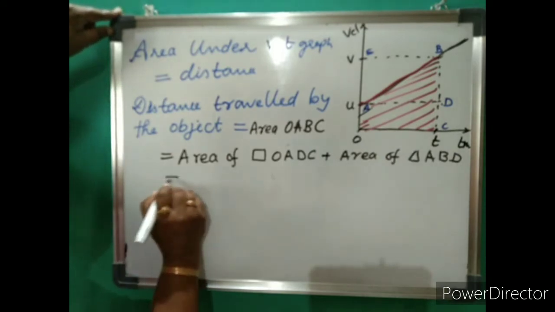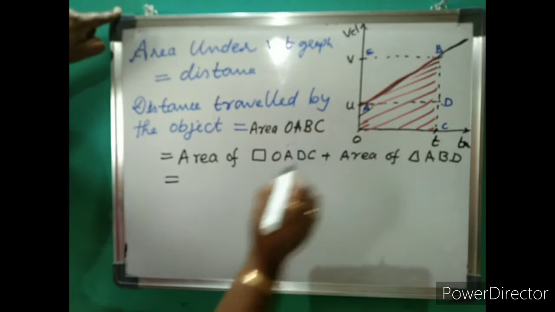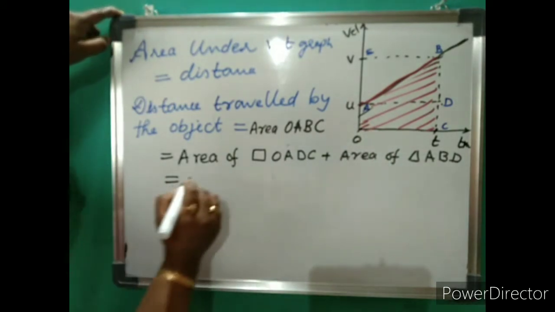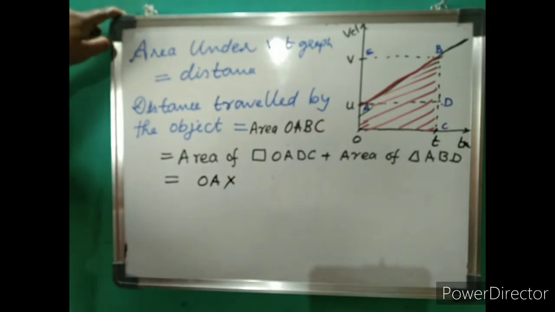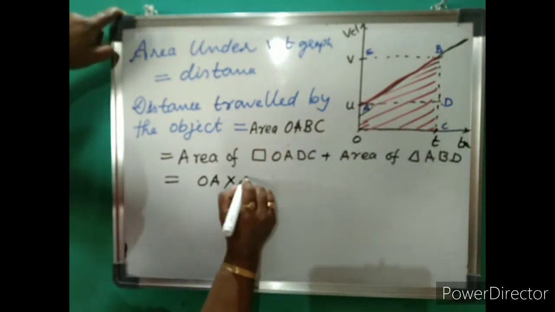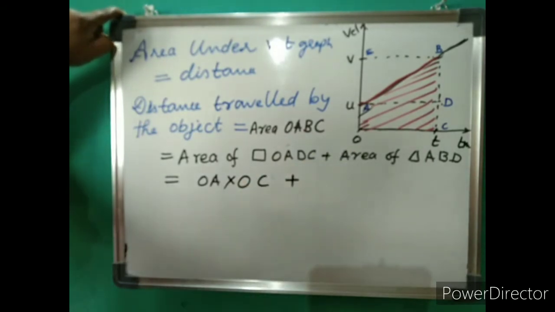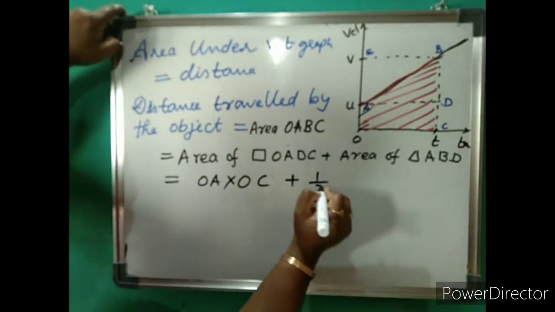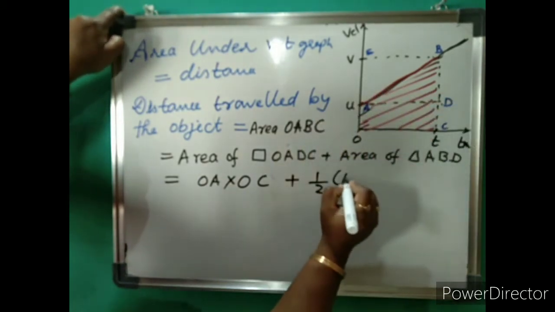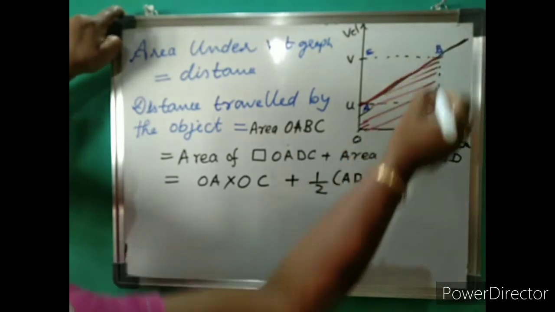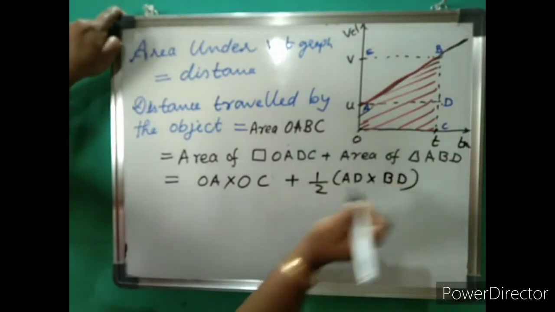How can we find the area of the rectangle? Area of rectangle is OA into OC, plus the area of the triangle, which is half into AD into BD.